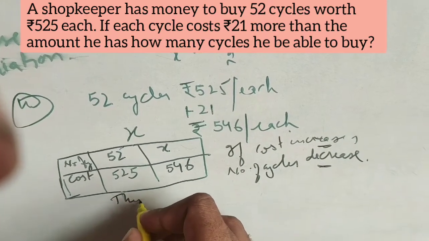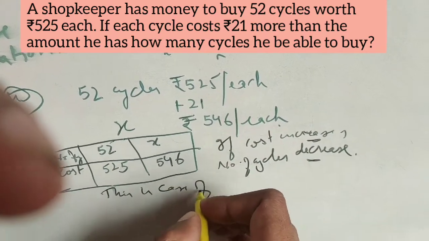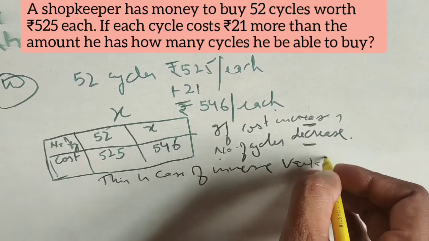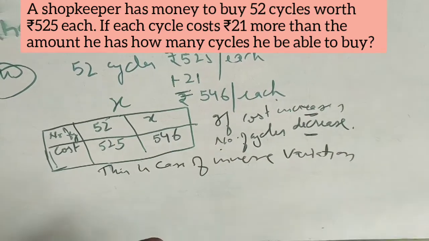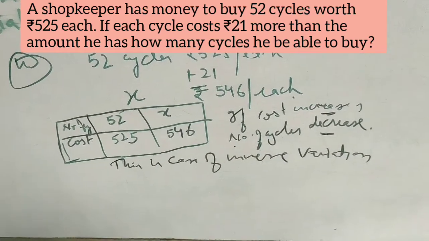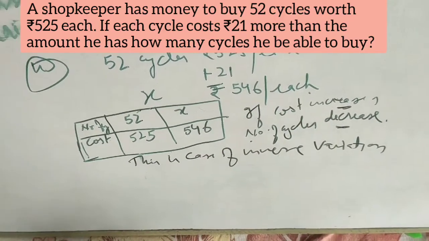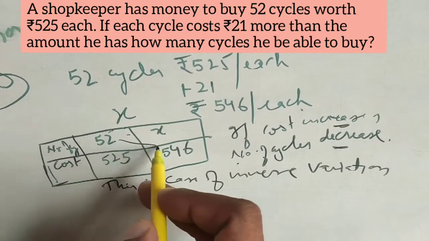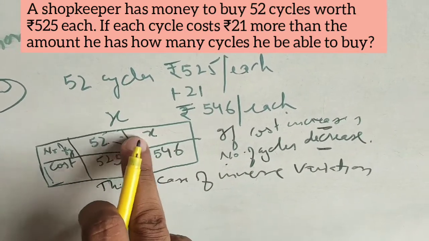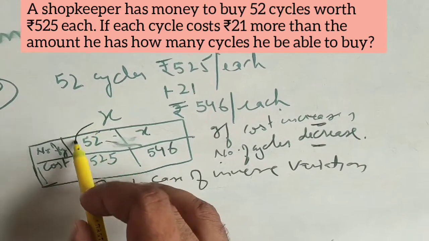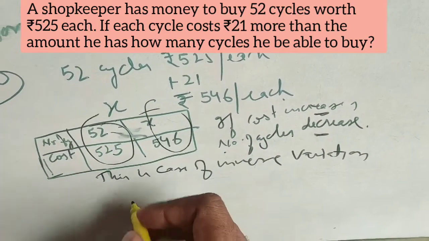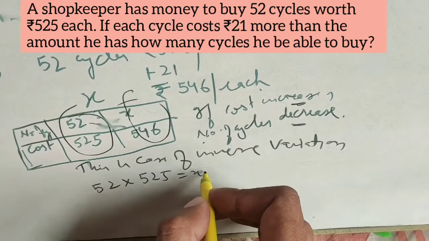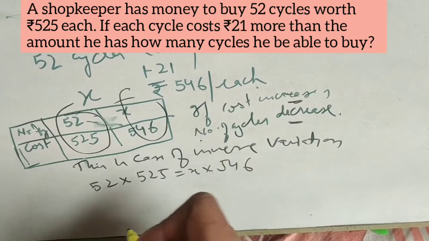So this is a case of inverse variation. And how to solve the inverse variation? In direct variation we have done the cross multiplication of these two. Now for inverse variation, multiply these two and put them equal. 52 into 525 will be equal to x into 546.